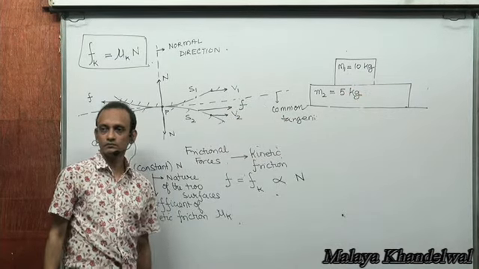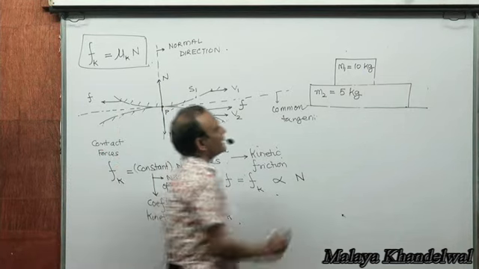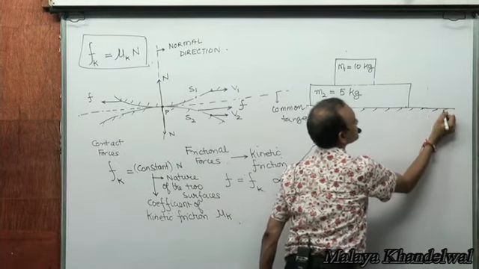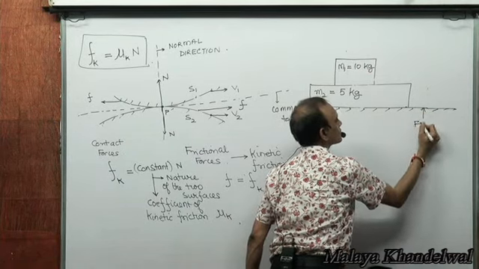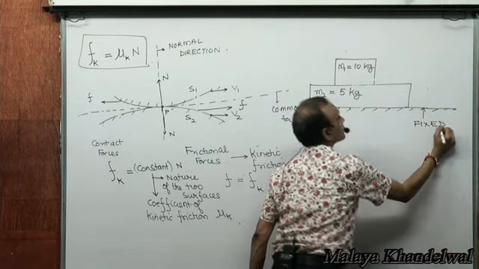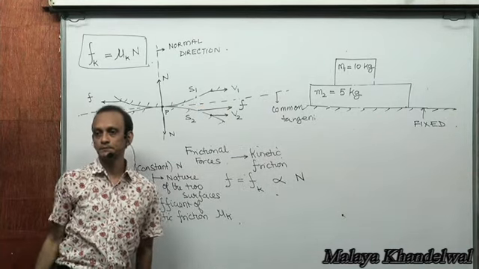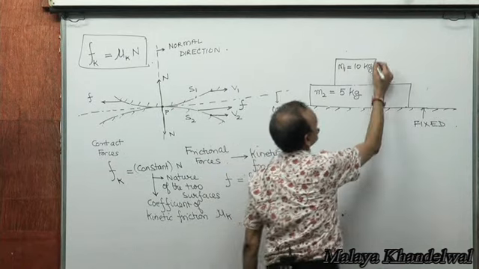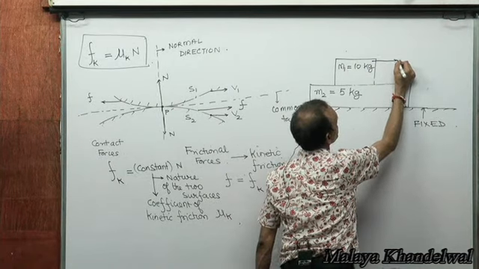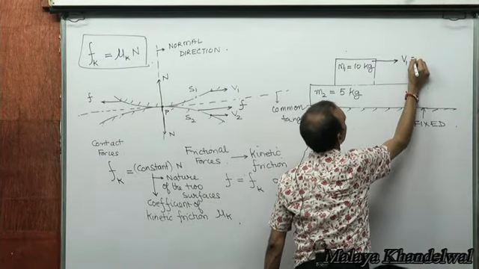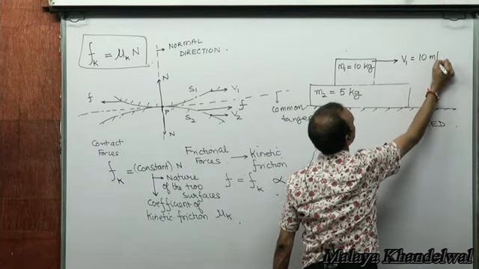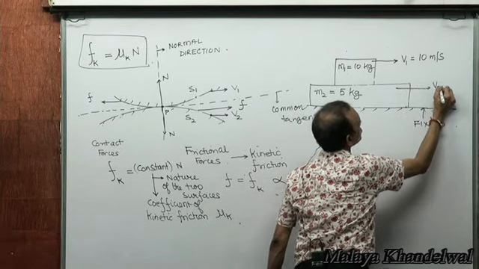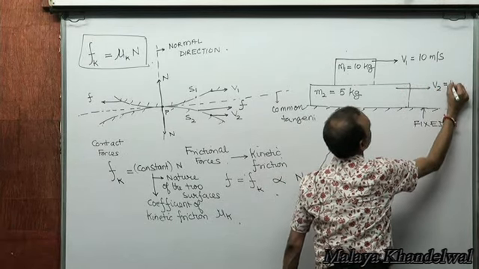And this, say, is a fixed surface. And say m1 has a velocity v1 equal to 10 meters per second to the right. m2 has a velocity v2 equal to, say, 5 meters per second.